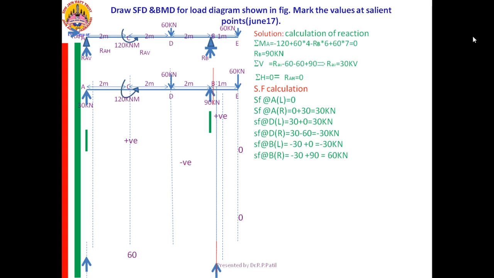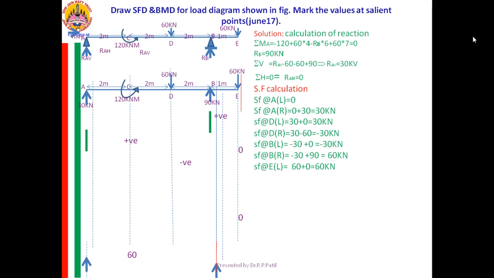Now from there I am going to the E left. No new load from B right to E left. Therefore it is 60 plus 0 is equal to 60 only. Then we are going to the E right. When I am going for the E right, I am taking the left part.